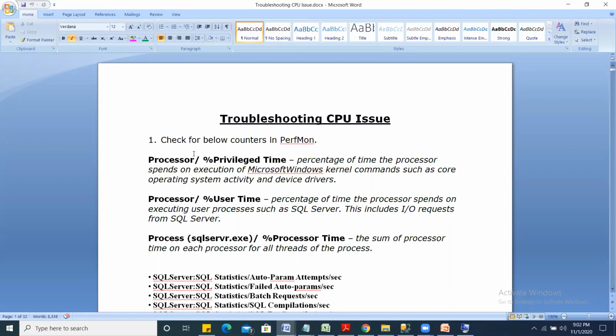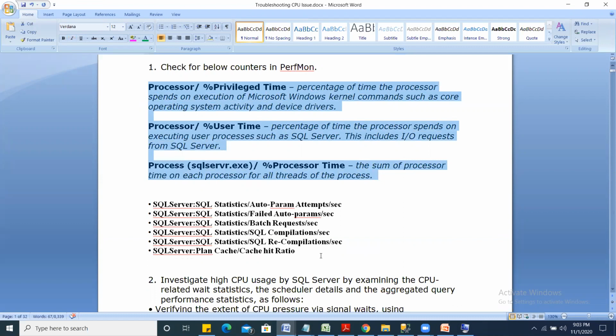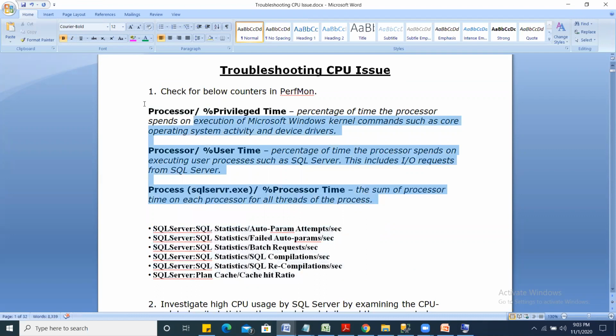On most SQL Server boxes you don't have other applications installed, but you must check whether CPU is being utilized by any other applications as well. I would prefer that you start your troubleshooting with these three counters in performance monitor. Leave the others for deeper analysis. Just talk about these three.